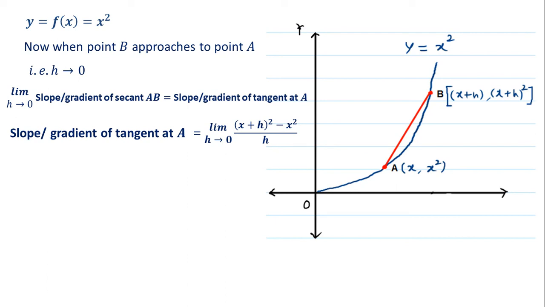So slope or gradient of tangent at A will be limit h tends to 0, (x plus h) whole square minus x square upon h.